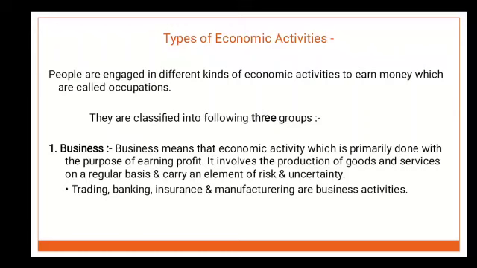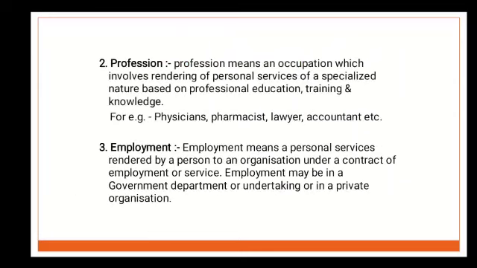Business means that economic activity which is primarily done with the purpose of earning profit. It involves the production of goods and services on a regular basis and carries an element of risk and uncertainty. Trading, banking, insurance and manufacturing are business activities.